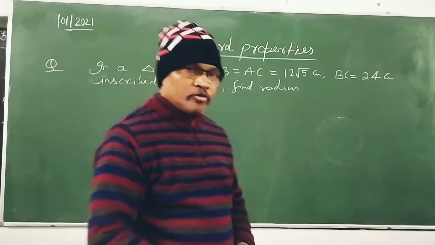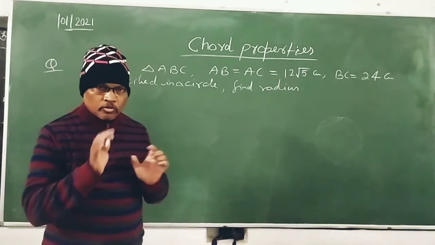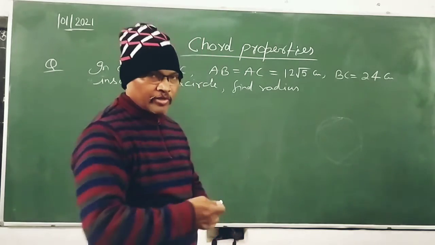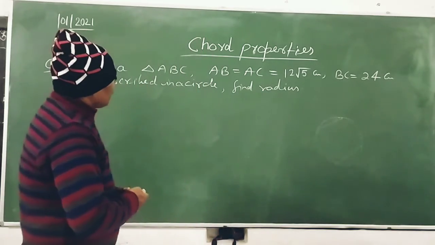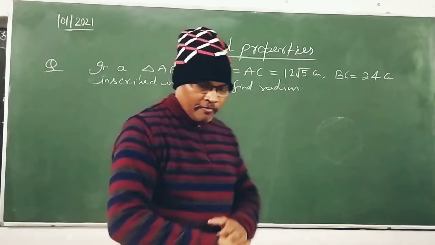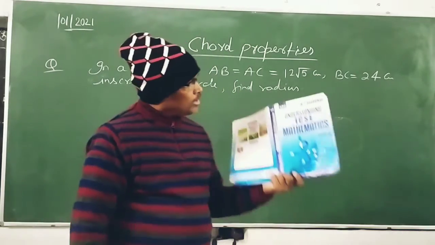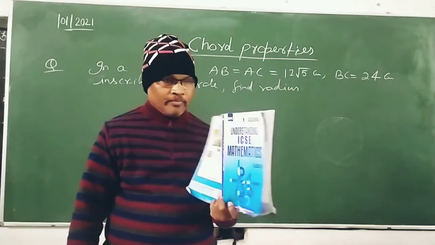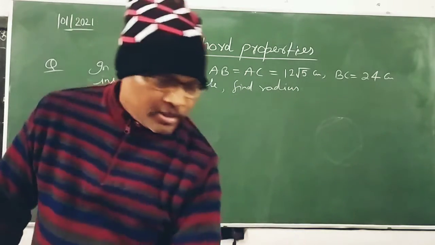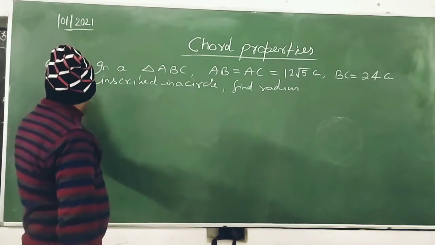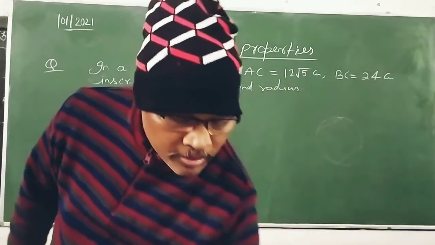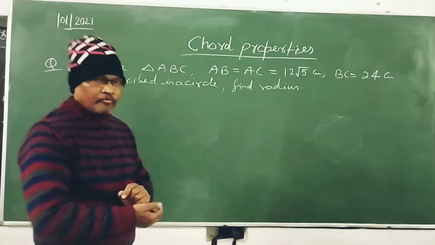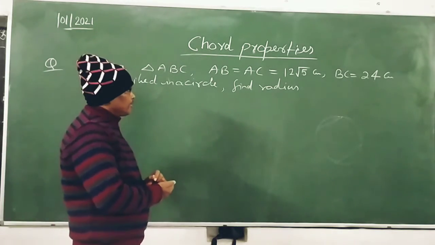Already, in the earlier video, I told you some questions from exercise 15.1. I have taken the reference of this book, Understanding ICSE Mathematics Class 9, question number 10 in your book, exercise 15.1.